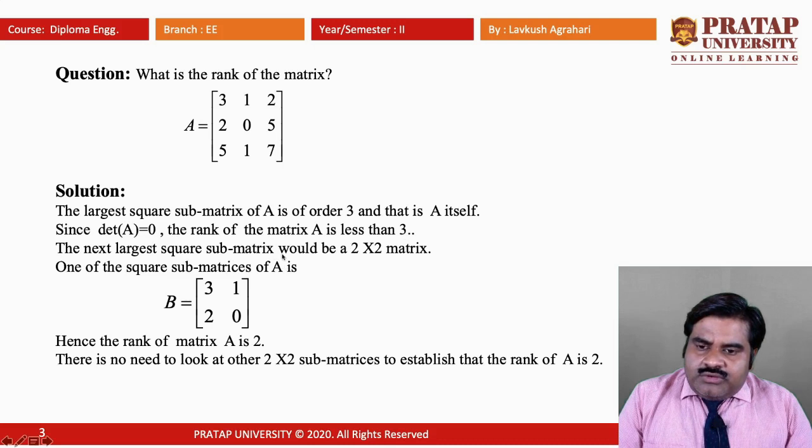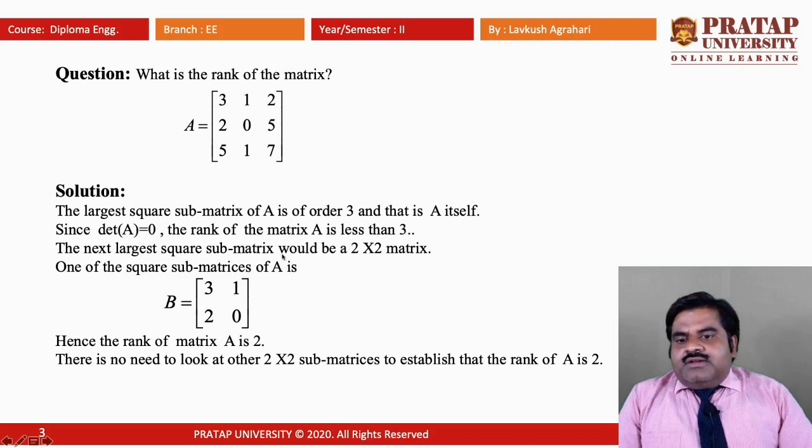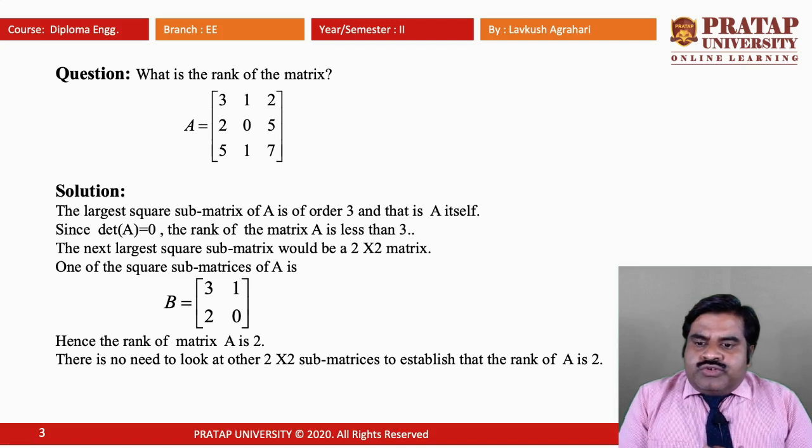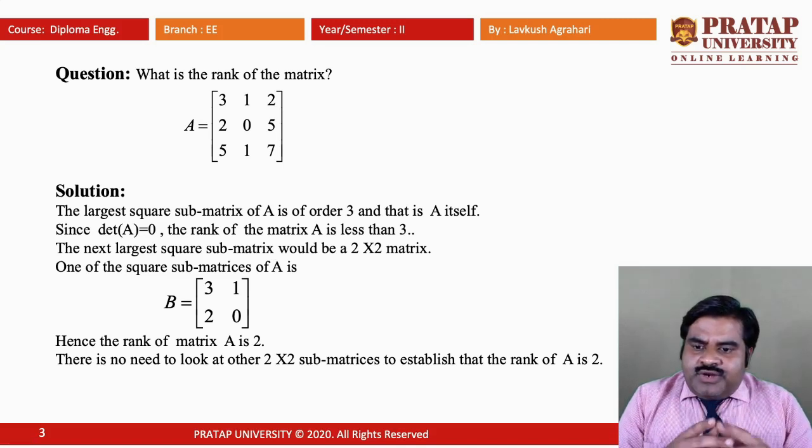Further we check the submatrix of order 2 cross 2, and we can find a submatrix B having elements 3, 1, 2, 0, and its determinant is non-zero. So we can say that the rank of this matrix is 2. If we find one minor of the matrix A which is not 0, we need not check other minors of order 2.